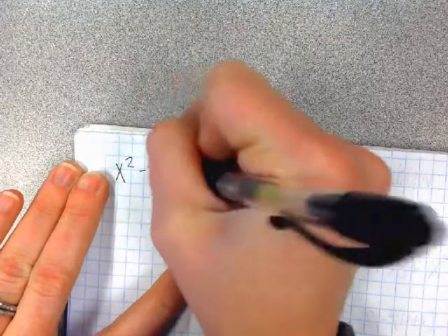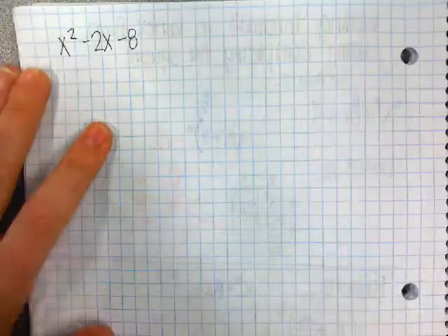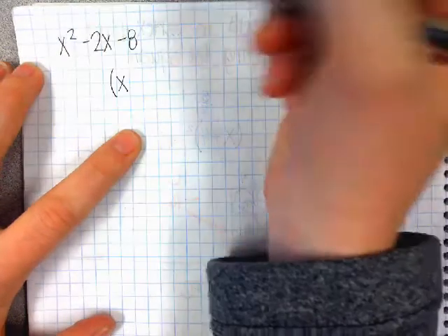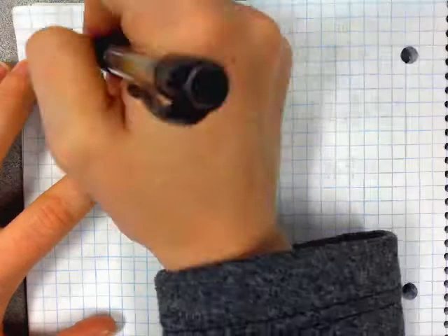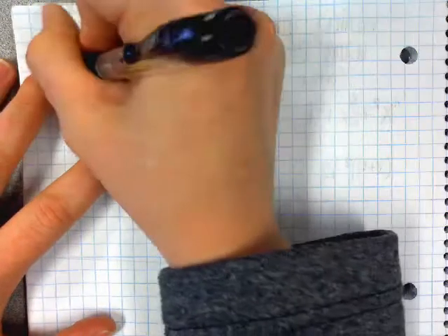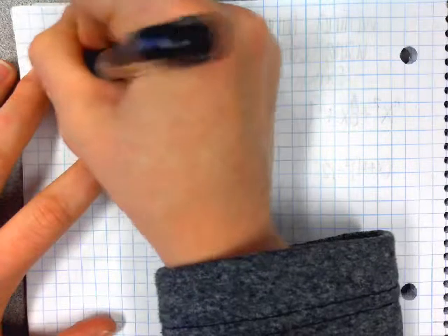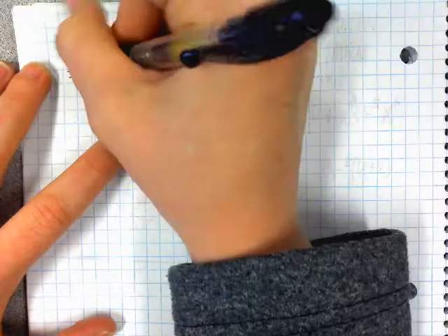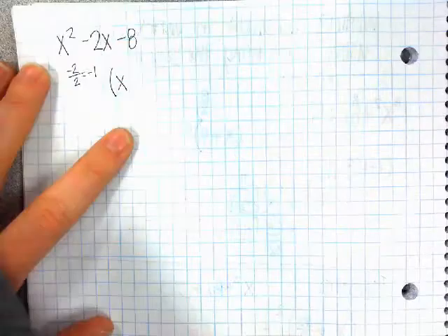Okay, let's do the last one using negatives just so that you can see an example with negatives. So if I have x squared minus 2x minus 8. Okay, again, you have parentheses with x. Take b and divide by 2. What's negative 2 divided by 2?